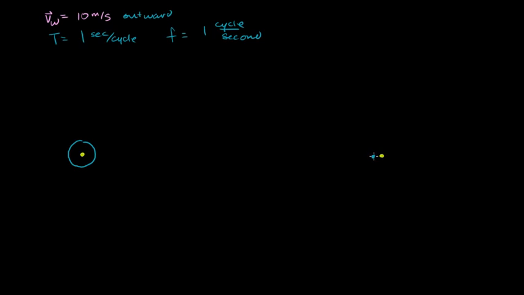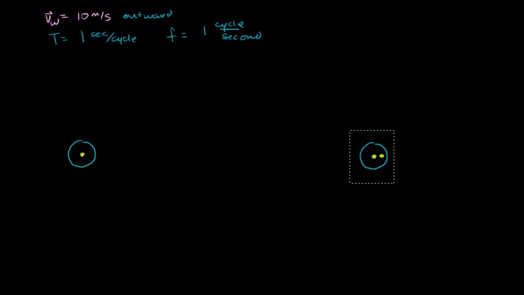It's going to be 10 meters radially outward from that point. So let me just copy and paste this right here, and put it right over there. So this is where he is now. That's where he was 1 second ago, where he emitted this crest that has now traveled 10 meters away. This is a little inexact, but this is 5 meters, that's 10 meters away. You get the general idea.